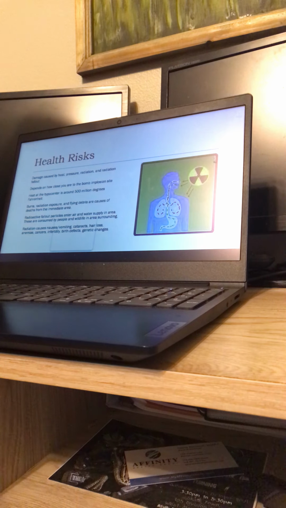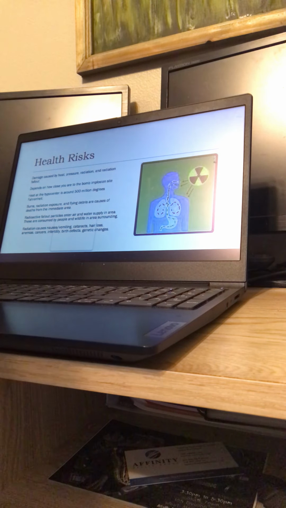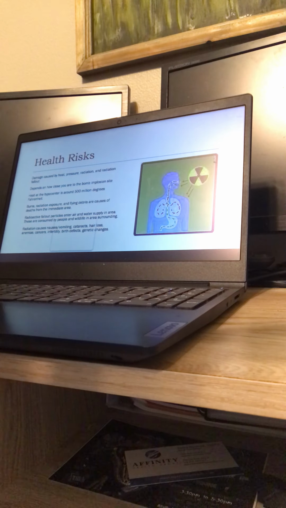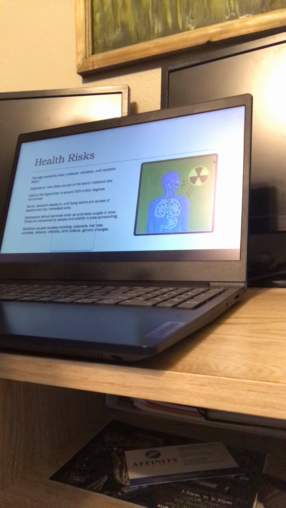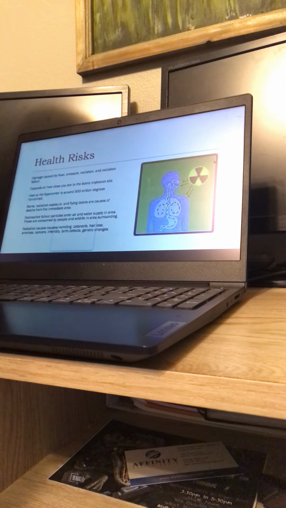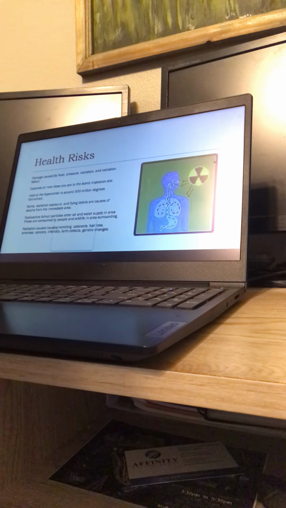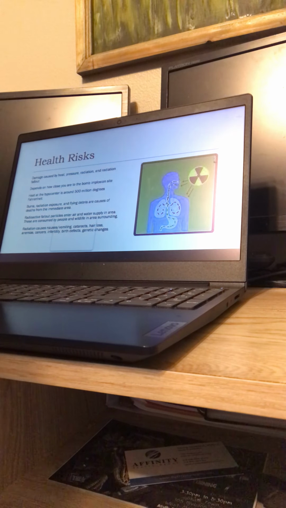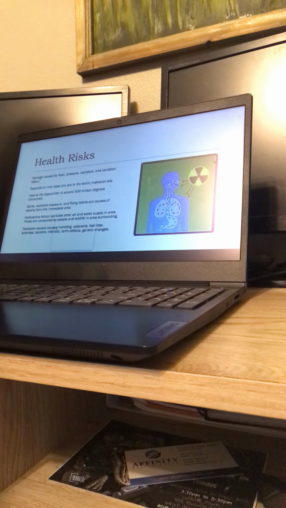And also, if we have a nuclear power plant meltdown, like in the Chernobyl area in Russia, the radiation is very high in that area, because there have been some studies done on the wildlife, and there have been birth defects and different changes, even in the wildlife that lives around the area.